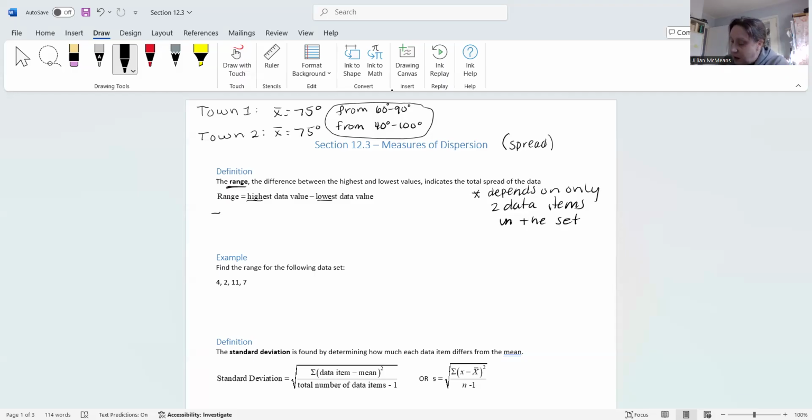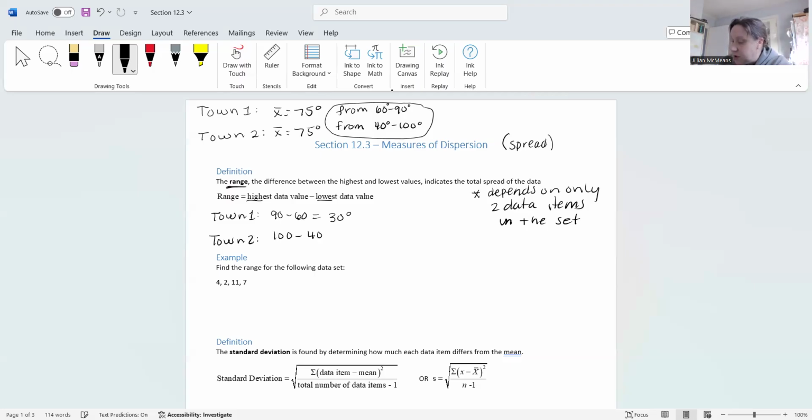So if we looked at town one, the range for the temperatures throughout the year would be the highest of 90 minus the lowest of 60, or about 30 degrees. So the mean temperature for town one is 75 degrees, but there's a difference of 30 degrees between the cold and the hot season. If we were to look at then town two, the highest temperature is around 100.